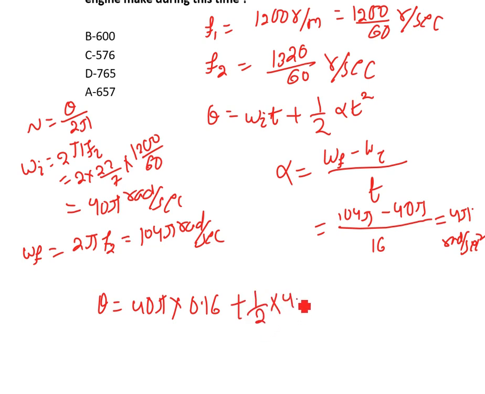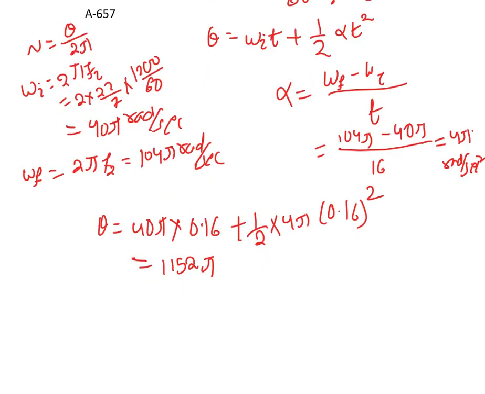In place of alpha it's 4 pi. In place of t square I put 0.16 whole square. If you calculate the whole answer, it is around 1152 pi radian. So theta is 1152 pi radian.